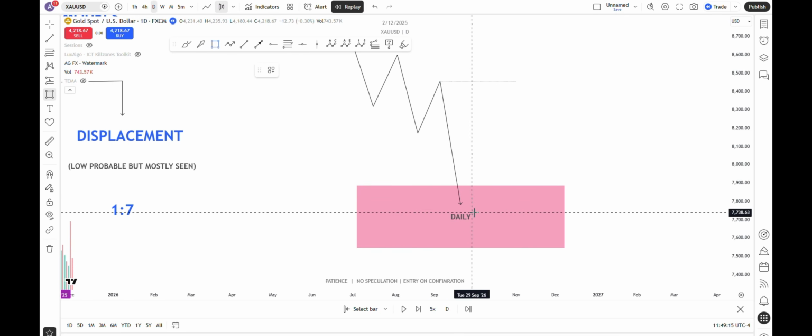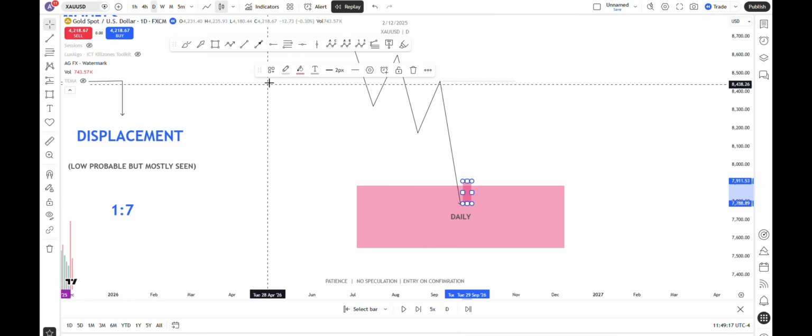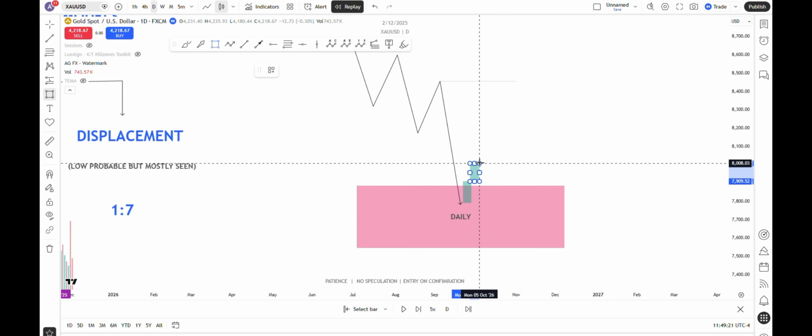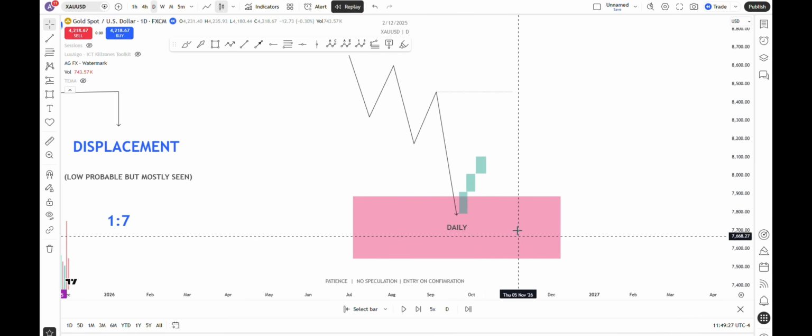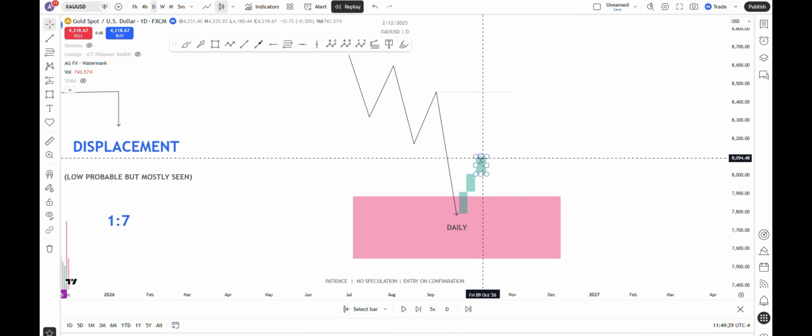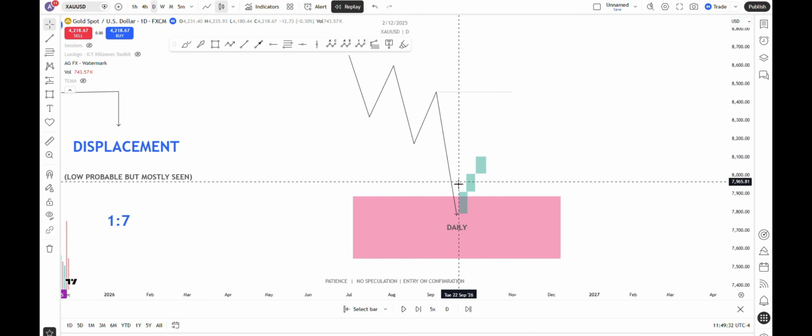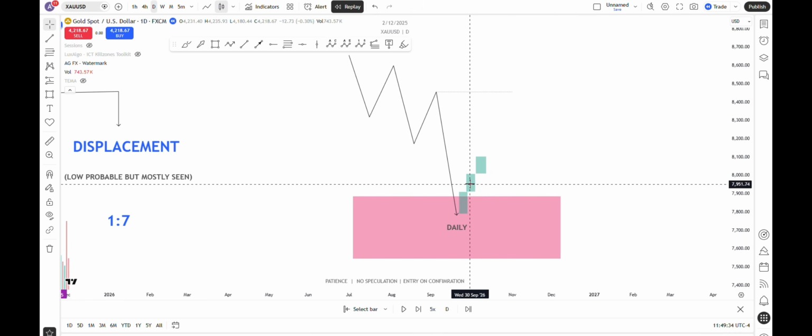So if after tapping our POI, market starts to push higher and creates displacement, that means fair value gap, that indicates that the smart money is actually buying from the zone. And this is what displacement is, basically creating fair value gap.